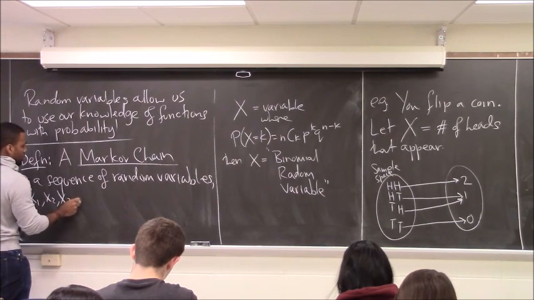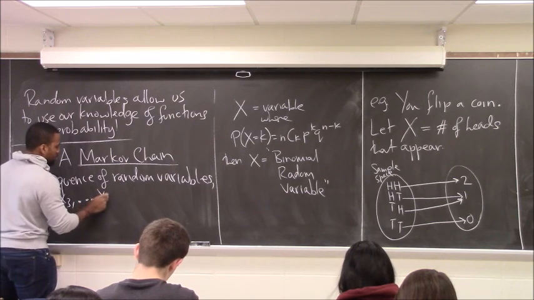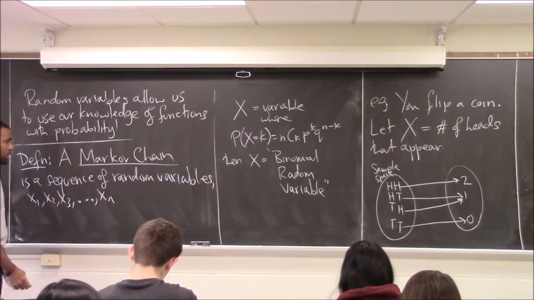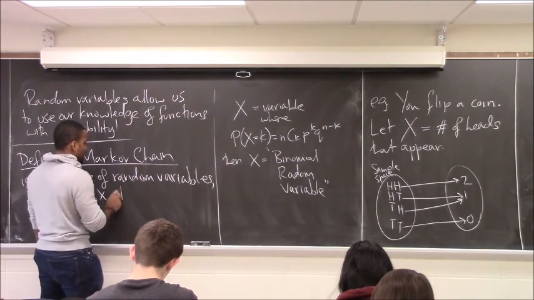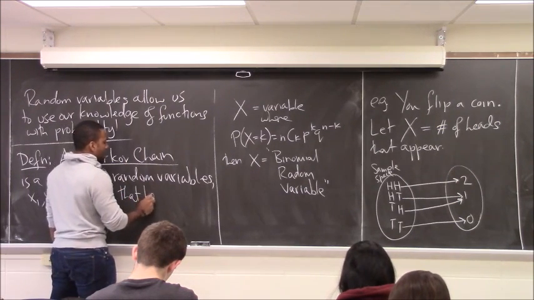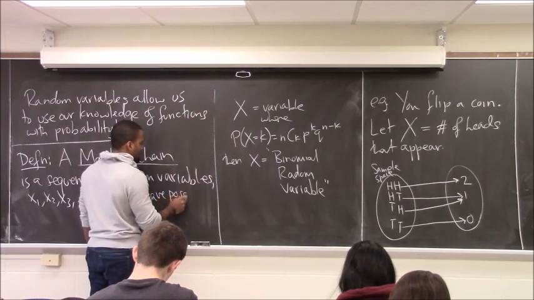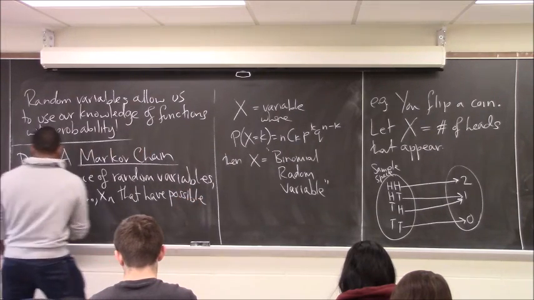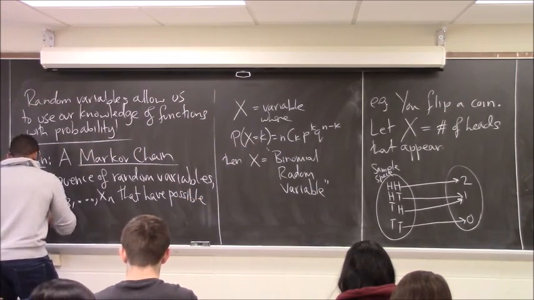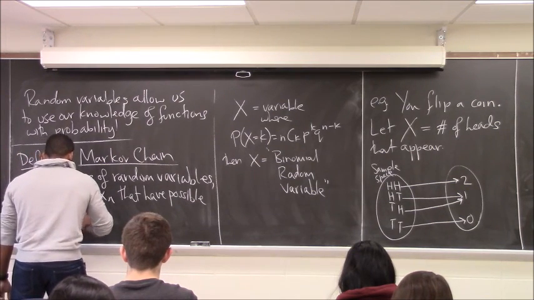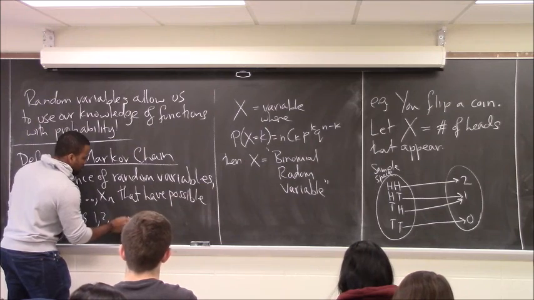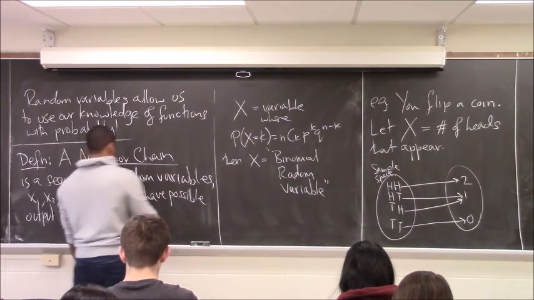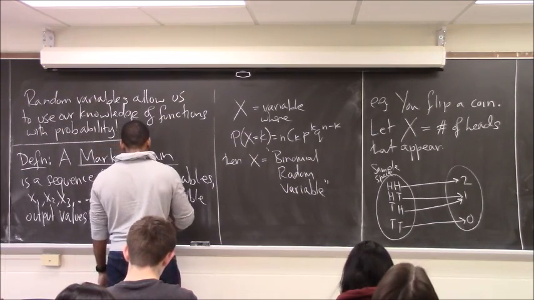You can have n of them, and n can be very large, and could be infinite, but we're only dealing with the finite case, that have possible output values 1, 2, all the way up to, usually called S, because the output values are called states.